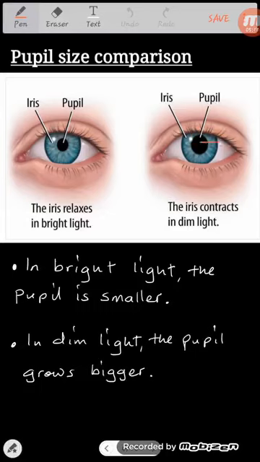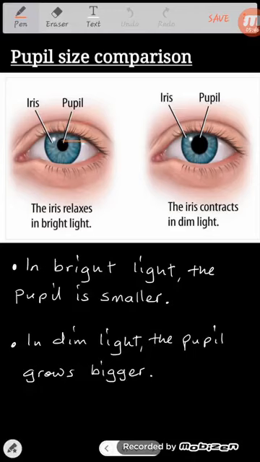So during the night, your pupils are wider than they are during the day when the light intensity is very bright. So what I'm trying to explain to you is the fact that in bright light, the pupil is smaller. In dim light, the pupil grows bigger. These are the things that you must understand when you are studying the external structure of the eye.